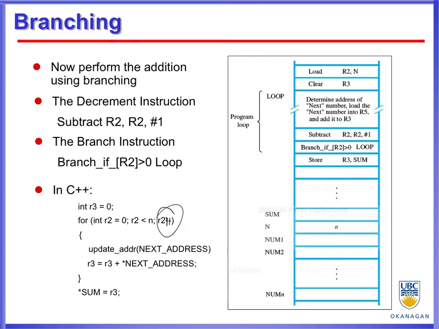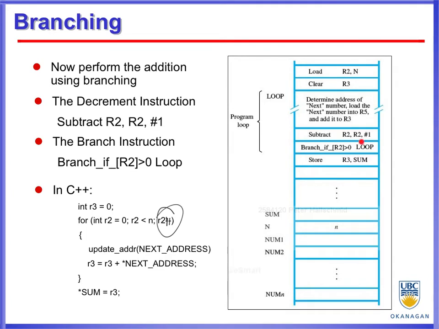Any other questions? Yes, sir. Is there a reason why in assembly code language we decrement instead of incrementing and then stopping the loop? Not really. You can do it the other way around. You can set it to 0 and check, well, it's a little easier to do this way.